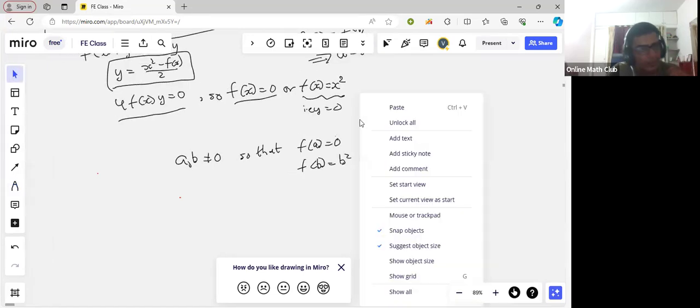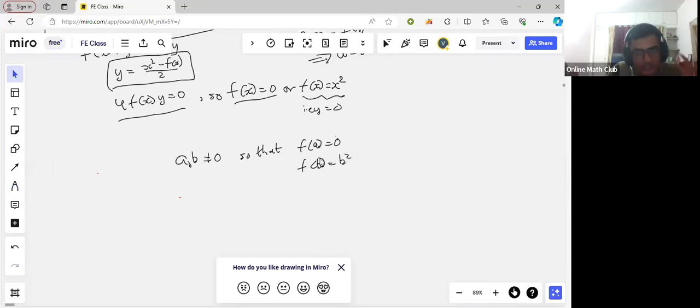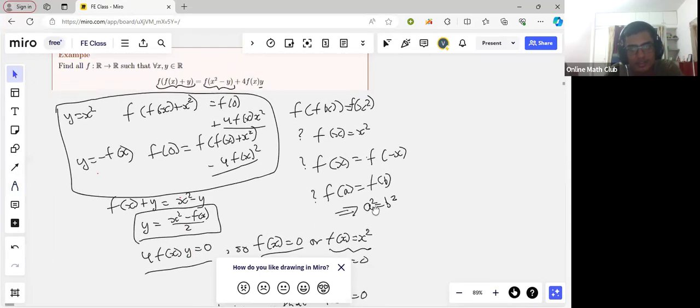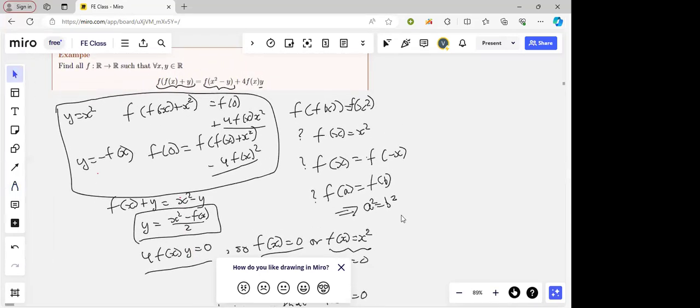So one direct way to deal with this is that we substitute this into this, and we hope to get a contradiction. Say there exists an x naught, and we try to get stuff to cancel out.